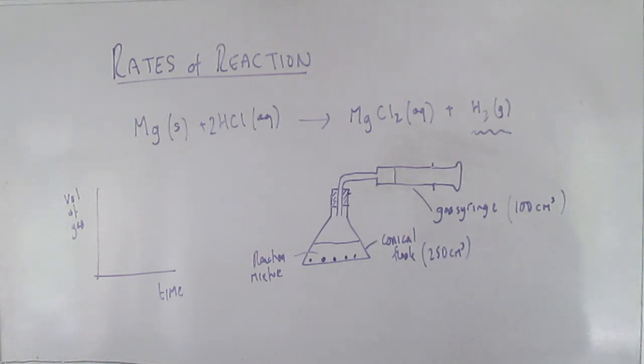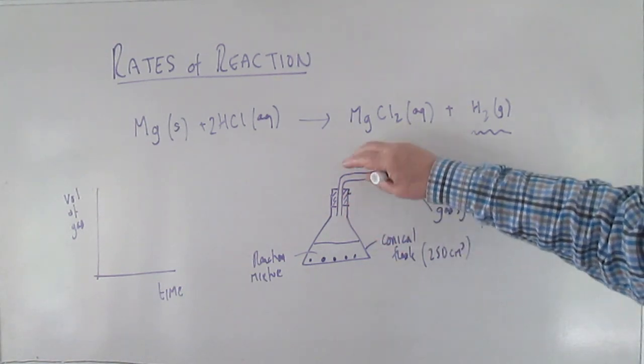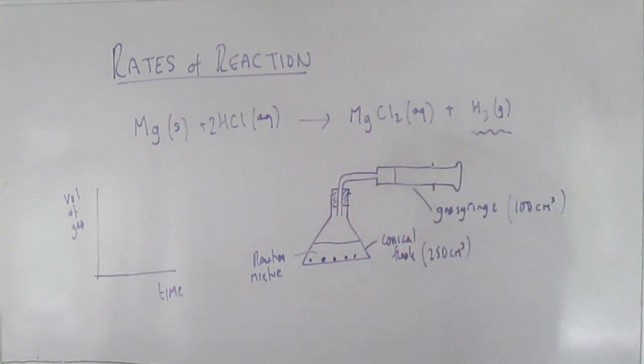And that's fine so long as the reaction's pretty slow, but if the reaction's fast, then you might lose a significant amount of gas during that delay between putting the magnesium in and getting the bung in place. So it's also just worth thinking about ways you could get around these problems, because they just might ask you to suggest something like that.